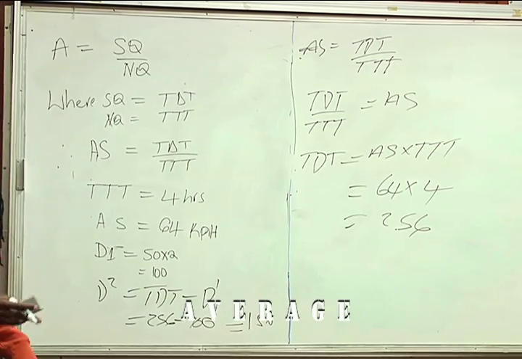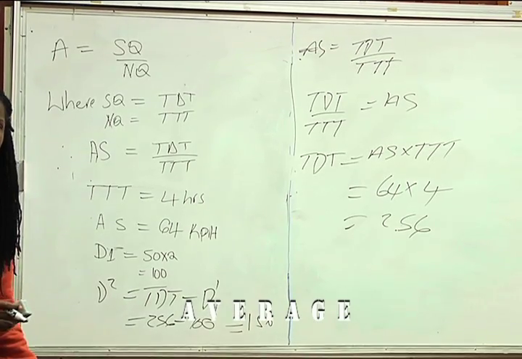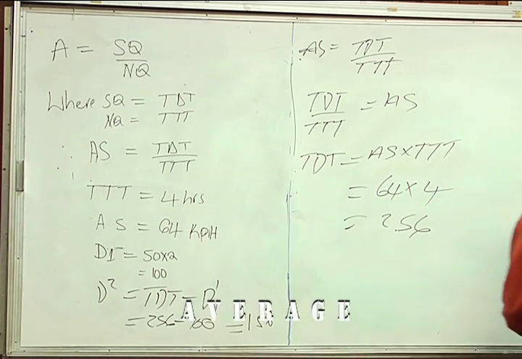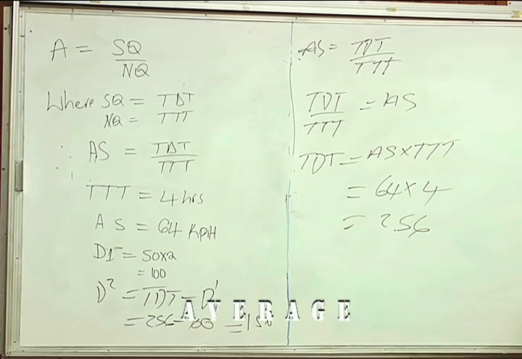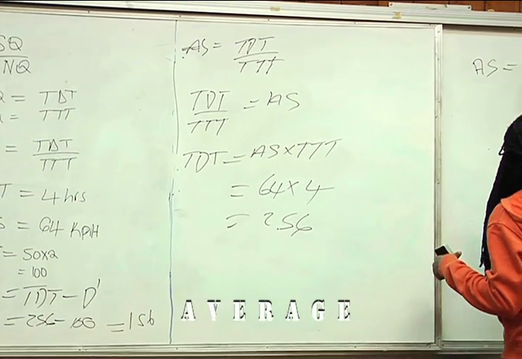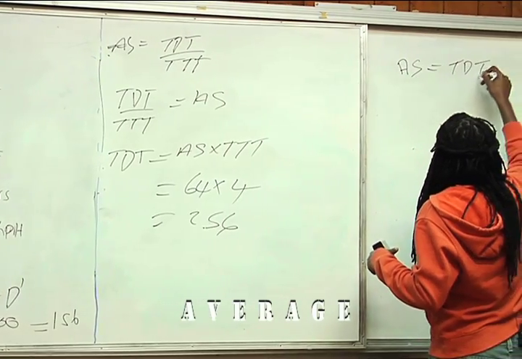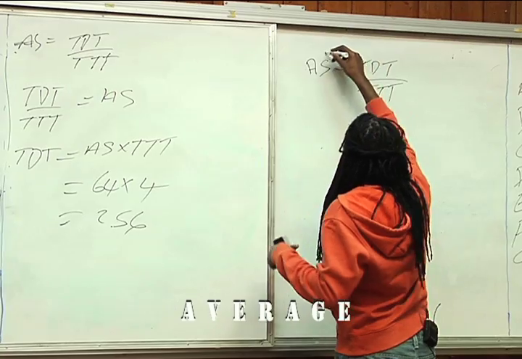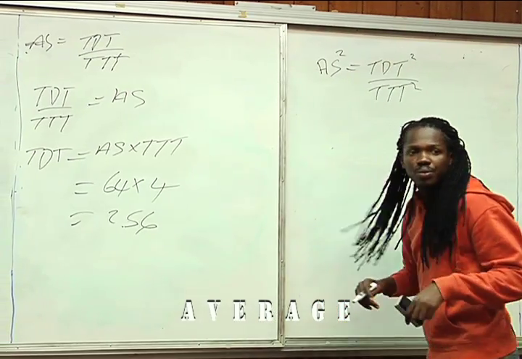What is the question? Of distance 2. All right. So, average speed equals total distance traveled over total time traveled for distance 2.